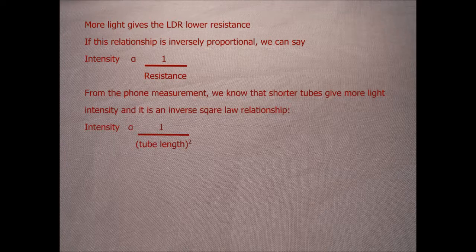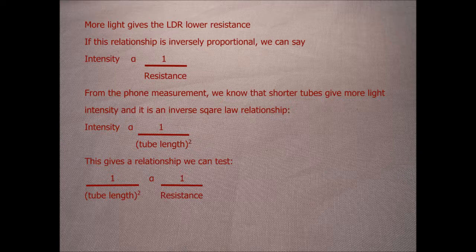From the phone measurement, we know that shorter tubes give more light intensity, and that there's an inverse square law relationship: intensity is proportional to 1 over the tube length squared. This gives a relationship that we can test. Is 1 over the tube length squared proportional to 1 over resistance? You can simplify that: is tube length squared proportional to resistance?